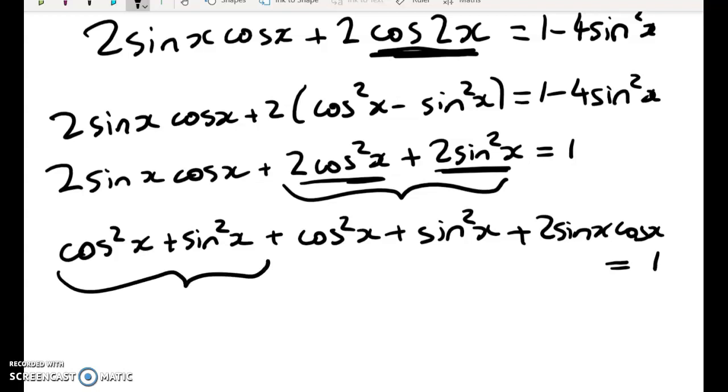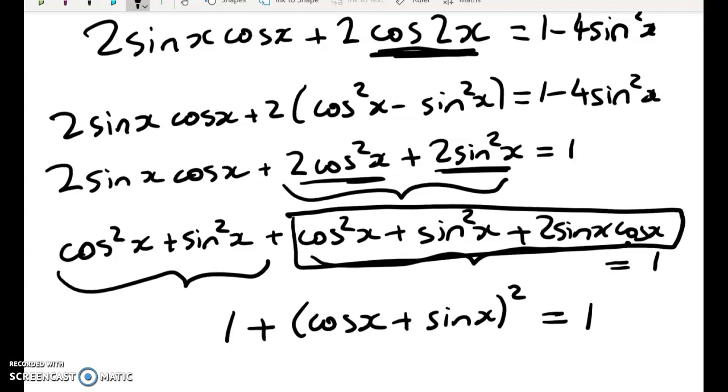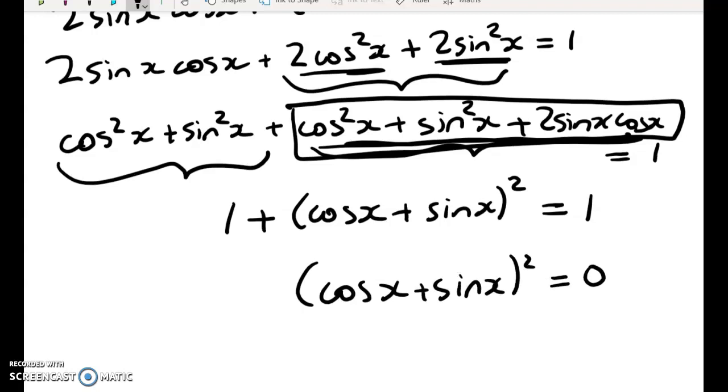Linking this up gives me 1 plus, now linking this up gives me cos x plus sine x squared. Right, so this is a really nice way to do it as well. You can split up this and see that this is a perfect square. That leads on to cos x plus sine x all squared is equal to 0.